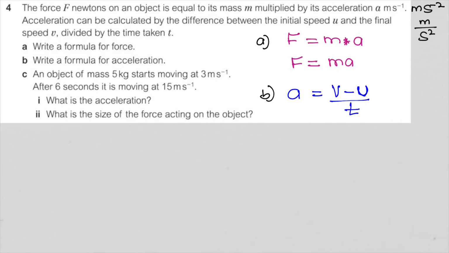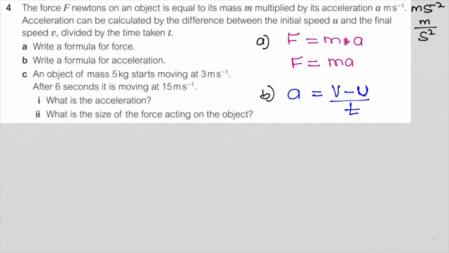And the C part is saying that an object of mass 5 kilograms starts moving at a velocity of 3 meters per second. So that's the velocity. After 6 seconds, it is moving at a velocity of 15 meters per second. What is the acceleration?